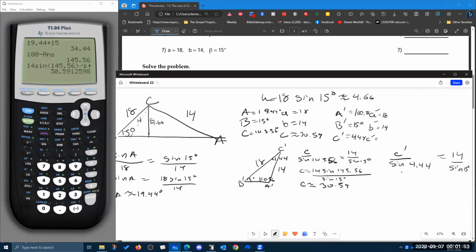That doesn't change because those are my givens. So side C prime is 14 sine of 4.44 divided by sine of 15 degrees.